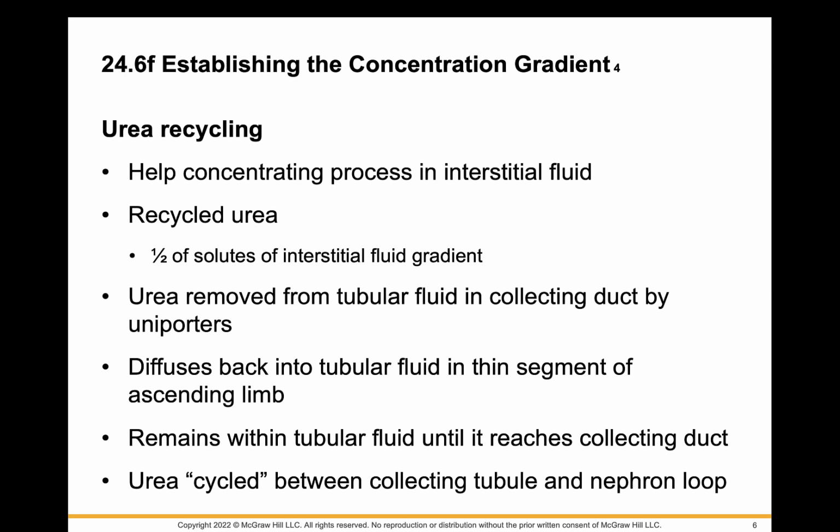It diffuses back into the tubular fluid in the thin segment of the ascending limb. It remains within the tubular fluid until it reaches the collecting duct. So here, what we're actually seeing is the recycling between the collecting tubule and the nephron loop.